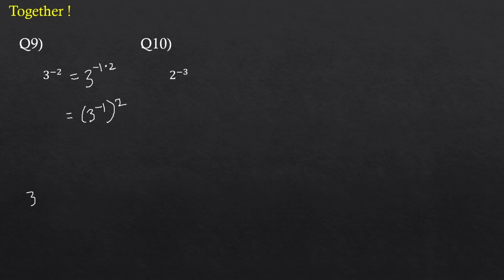Multiplication means we could write it like this. If this was negative 1 plus 2, that would have meant 3 to the negative 1 times 3 to the 2, right? But this is 3 to the negative 1 times 2, okay? This is a completely different story. This means it's 3 to the negative 1 and outside there's 2.